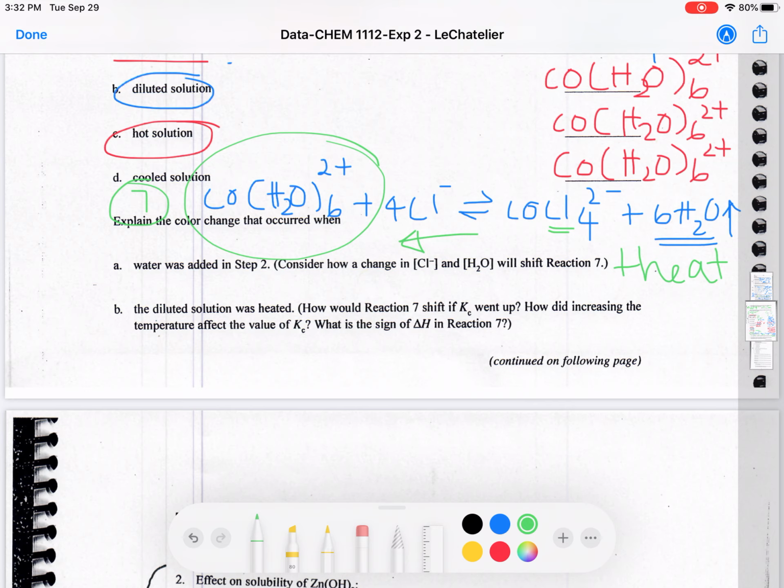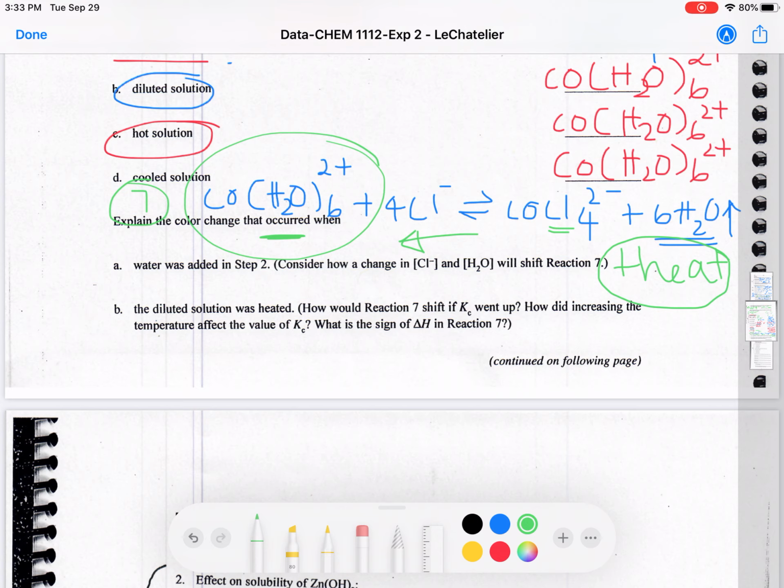Heat is a product. So when you add one of the products, what would happen to the reaction mixture? It would shift equilibrium to the left side to counteract the added heat. That's why we saw formation of more of the cobalt water complex and it becoming darker pink. So basically when you add heat, Kc will decrease in an exothermic reaction.